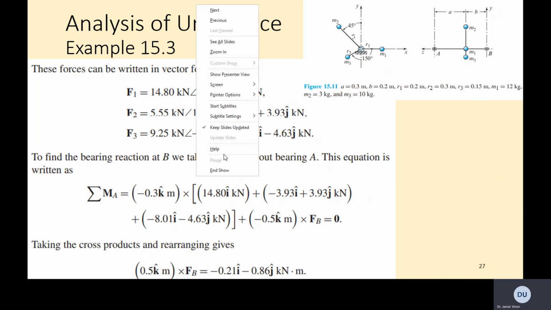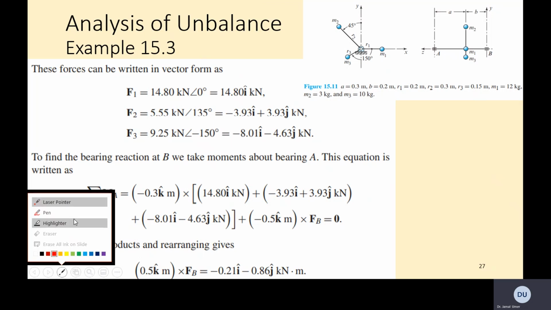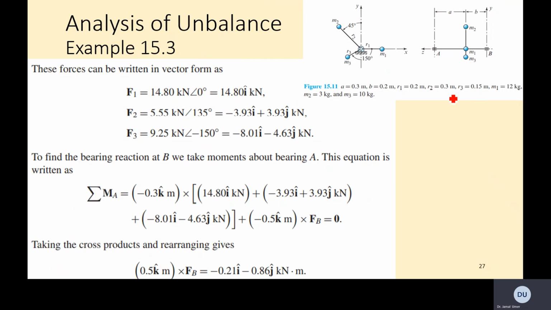You need to understand this. A is just constant for all, so that's why we have written it in a bracket, and inside all the vectors. So you have F1, F2, and F3 together. This is a little easier. You solve all these three vectors, and then you do the cross product.